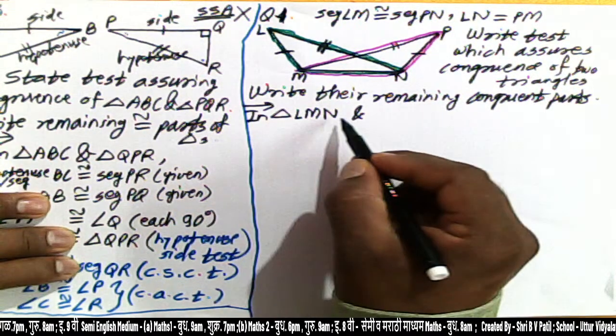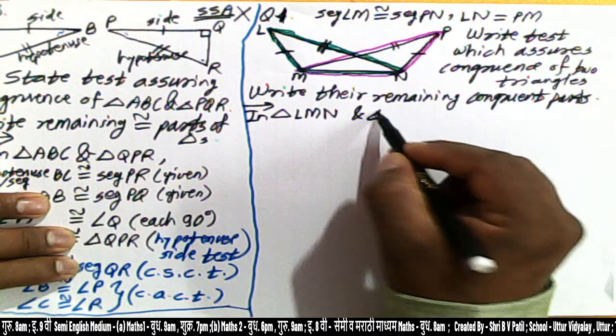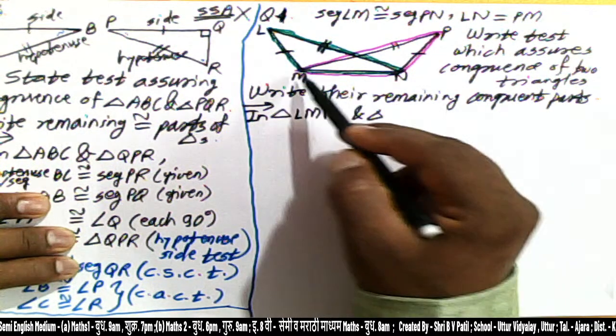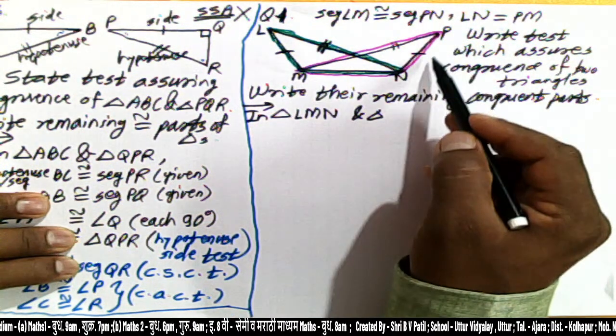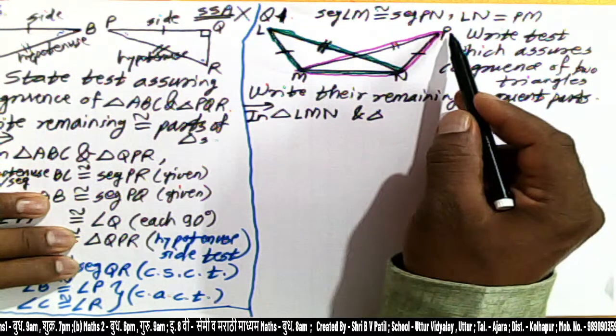In triangle LMN and triangle PNM, its one correspondence is in this way.